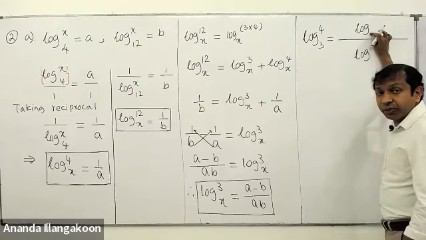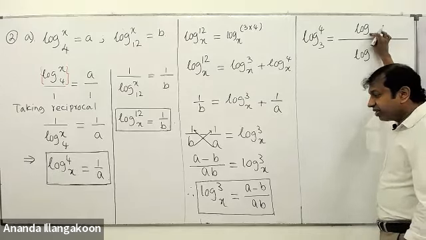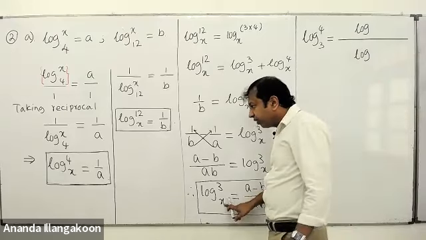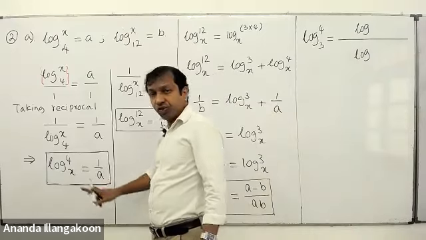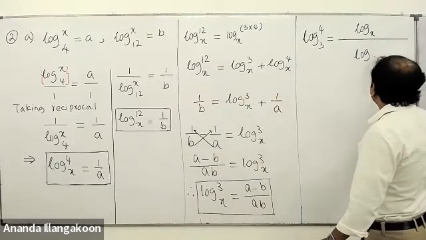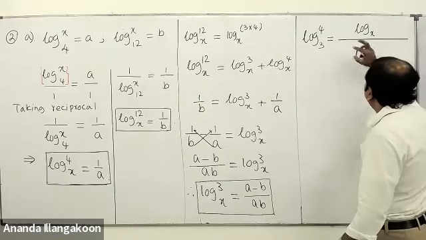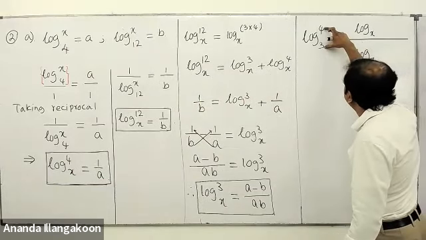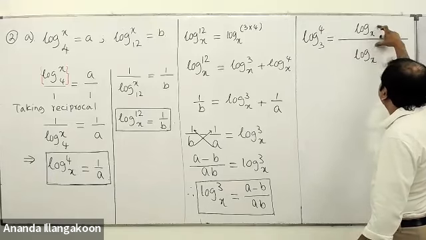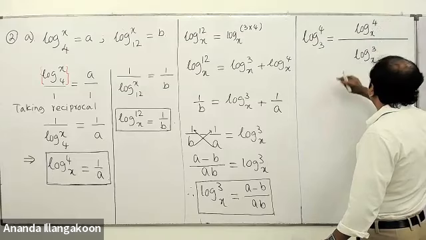This time I am going to use base 6, since these two values we know. Then here I write 6, and here also 6. Now what are the values here and here? Bring these two values 4 and 3 in the same way to the right places. This is how we apply the change of base formula.